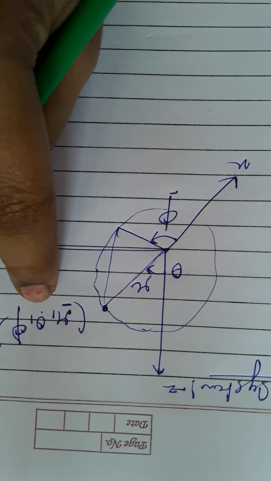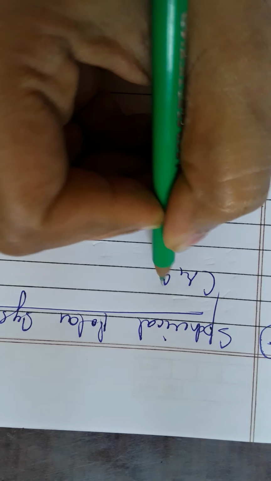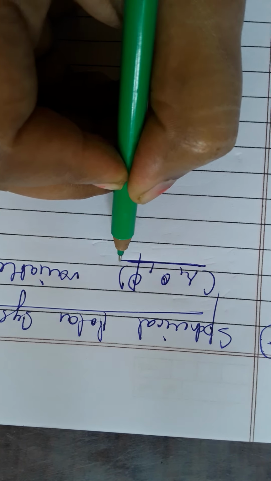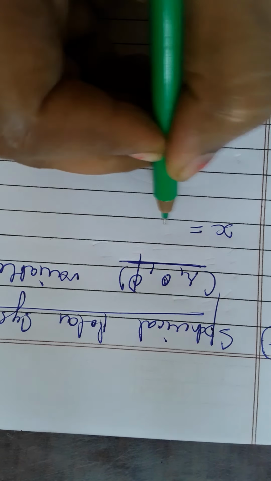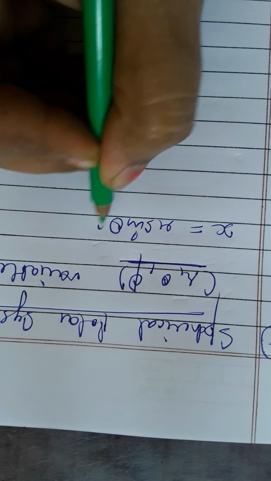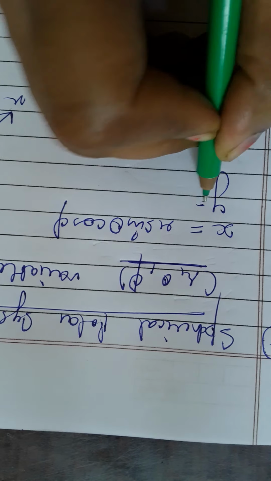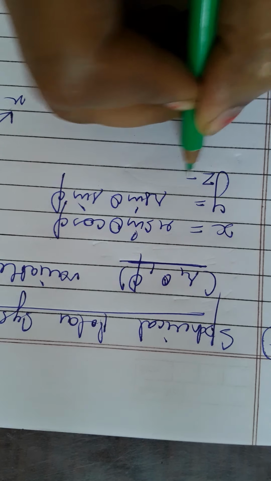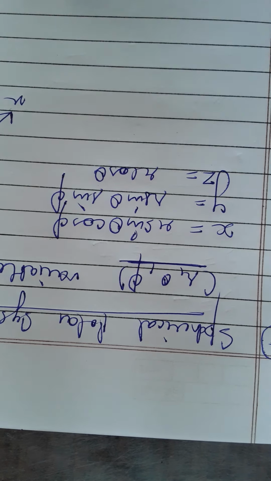So r, theta and phi are the variables for spherical polar. The basic relations are x is equal to r sin theta cos phi, y is equal to r sin theta sin phi, and z is equal to r cos theta.